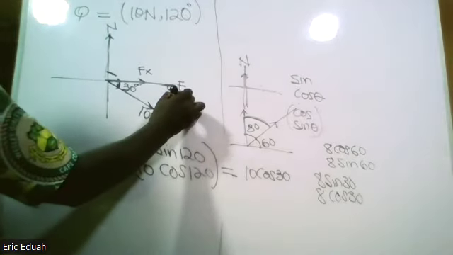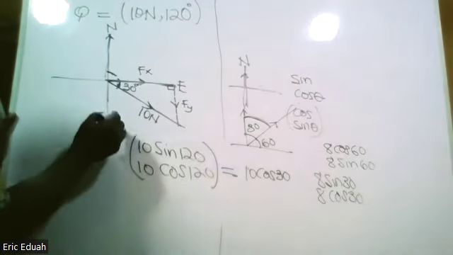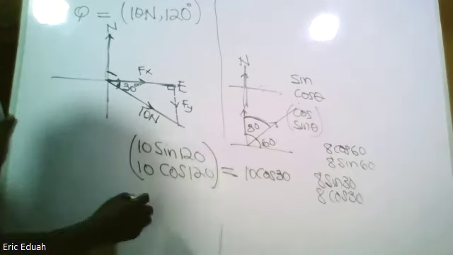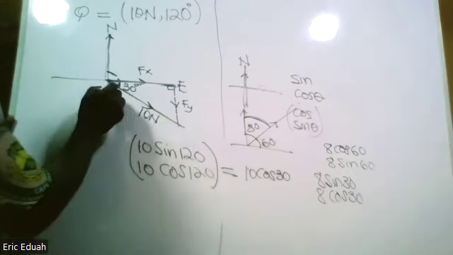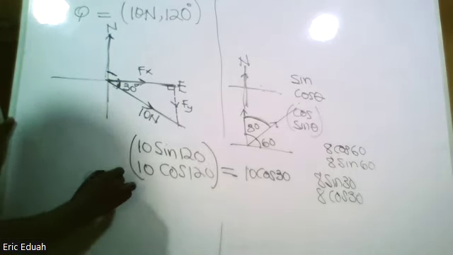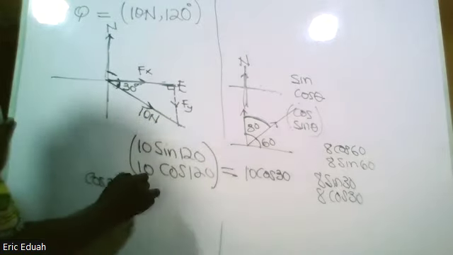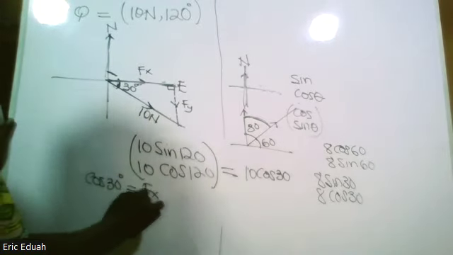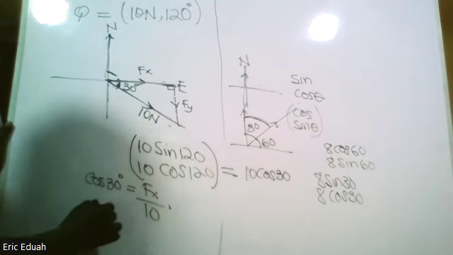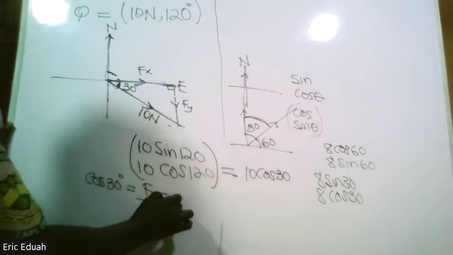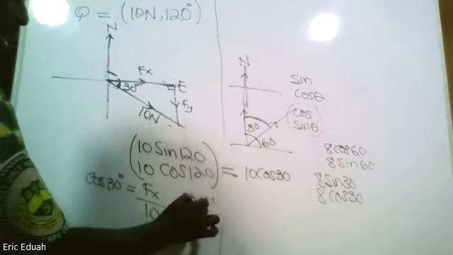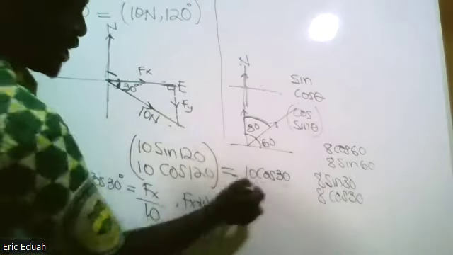This is fy. So if I take cos 30, adjacent over hypotenuse, cos 30 degrees is adjacent, which is fx, over hypotenuse 10. If I make fx the subject, I have 10 cos 30, and that's what I've written here.